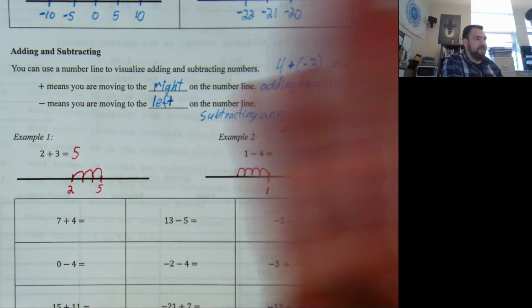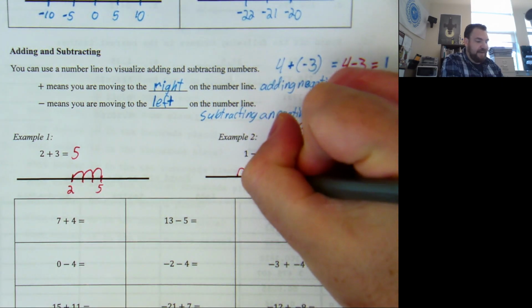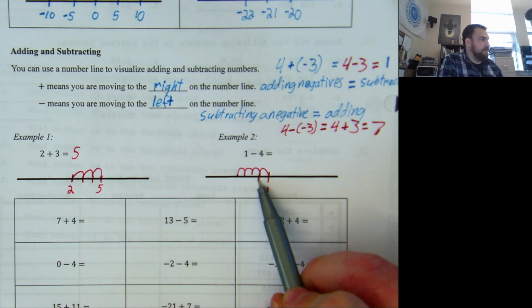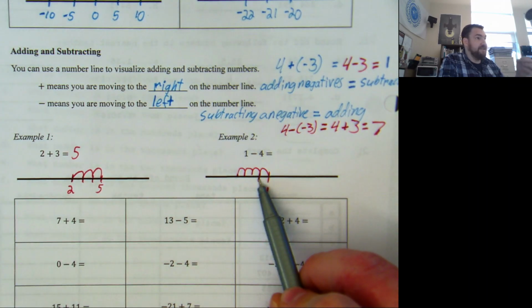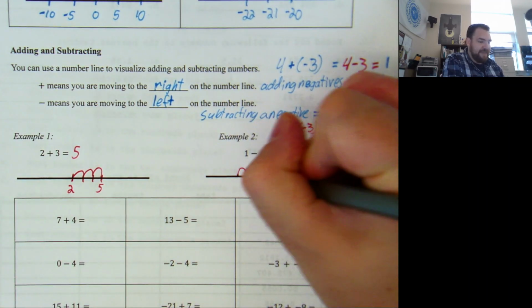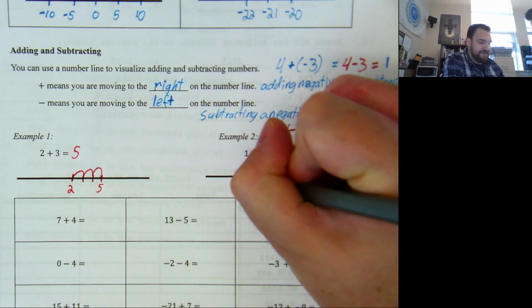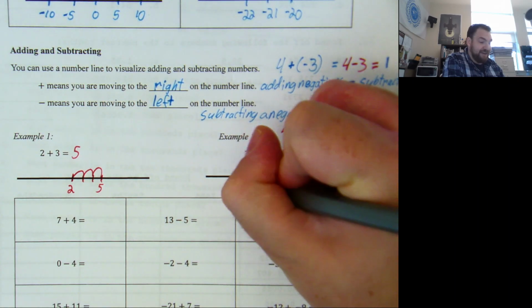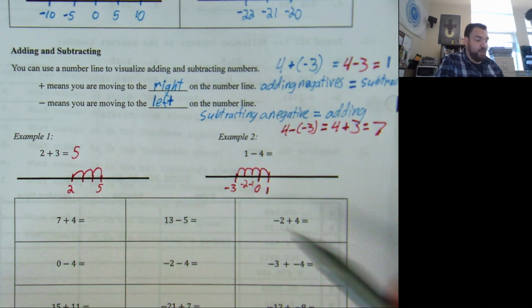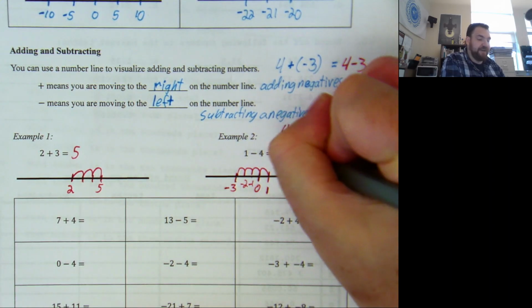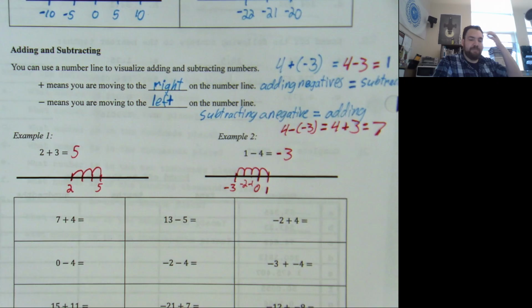Now we're going to count down from 1. As I move left from 1, it's going to go from 1 down to 0, and then to -1, -2, -3. So 3 and -3 are not the same thing. So 1 minus 4 is -3, and that's how you use the number line to represent that.